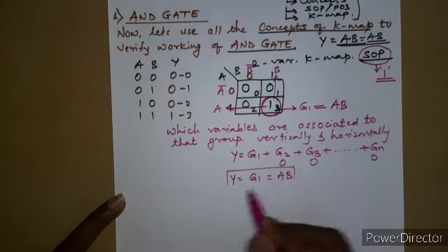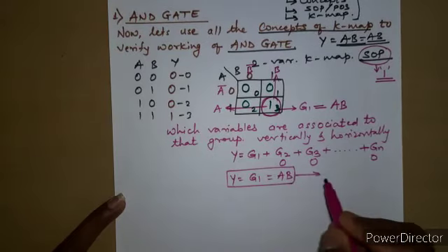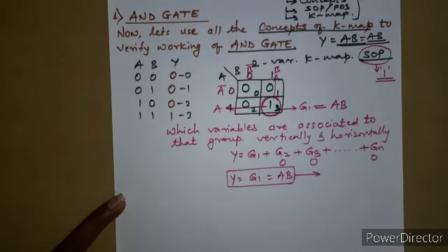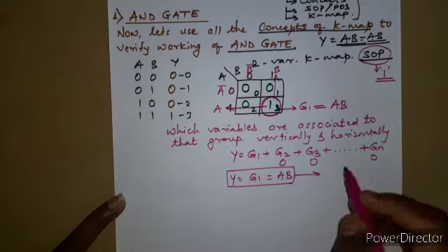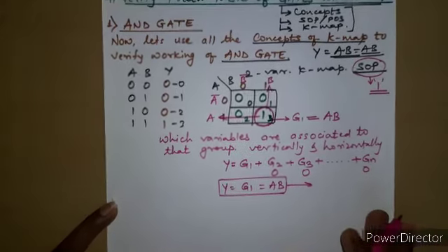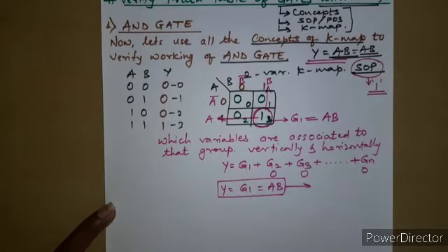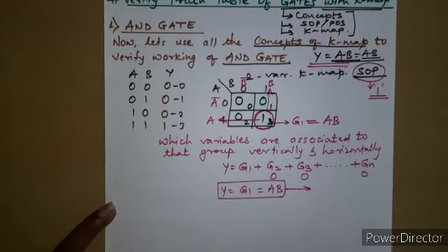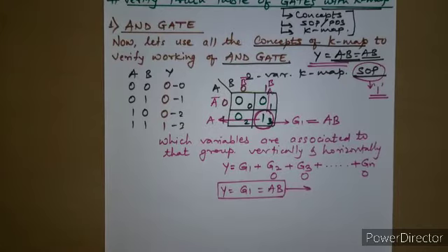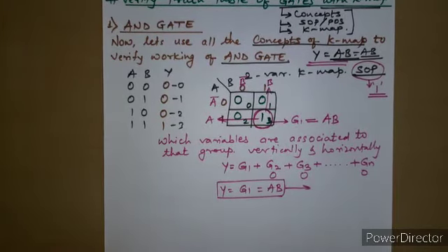And that is what we have conceptually looked at. Y equal to AB for the AND gate. So this is how we can verify this AND gate with the help of K-map also.